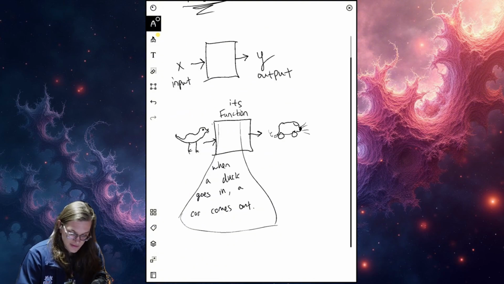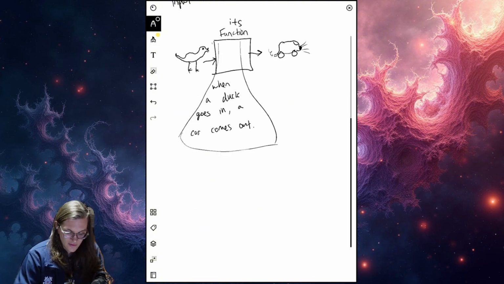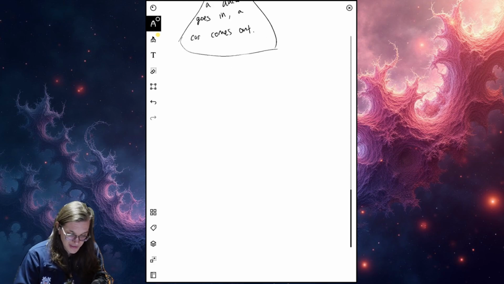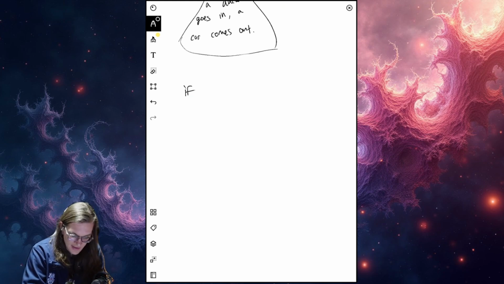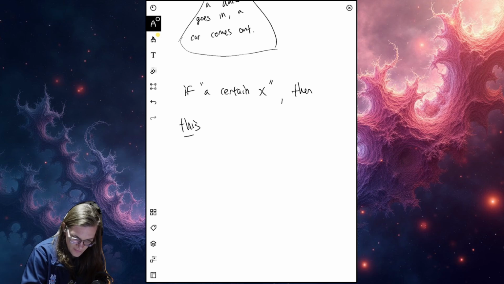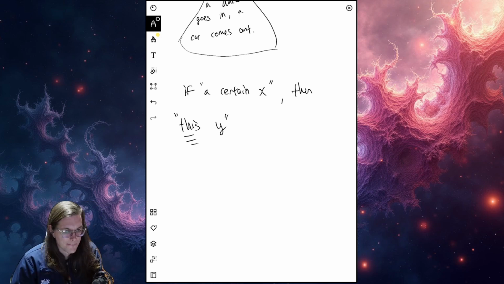So this is a function. A duck goes in, a car comes out. You can think of it like a rule, like an if-then statement: if a certain x, then this y. So you can think of it like a machine, you can think of it like a rule. Again, you can see how all of those things are analogous to the word function.